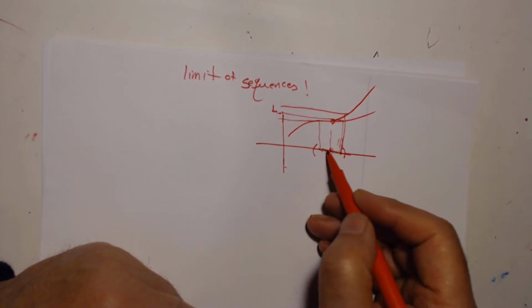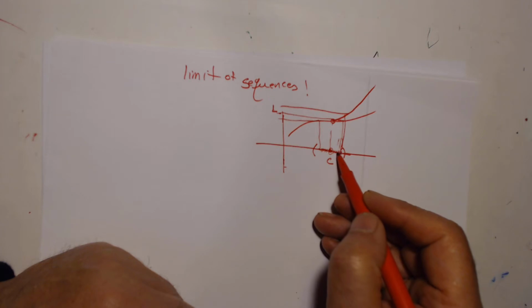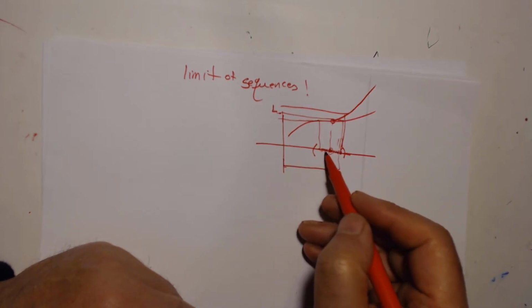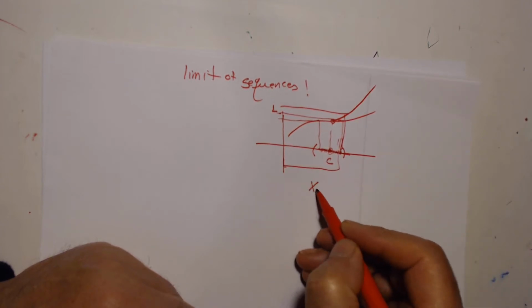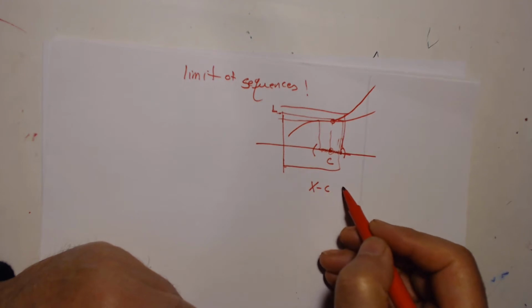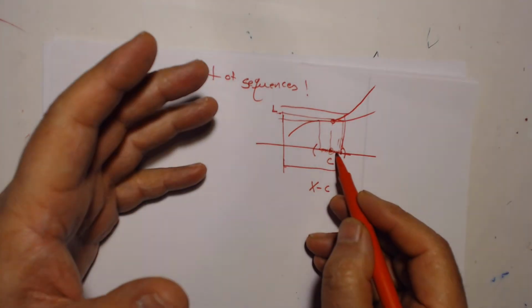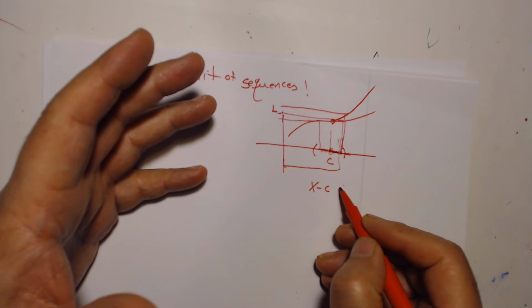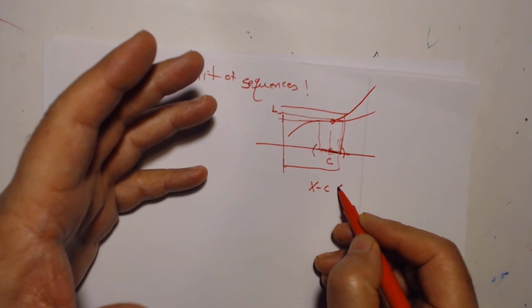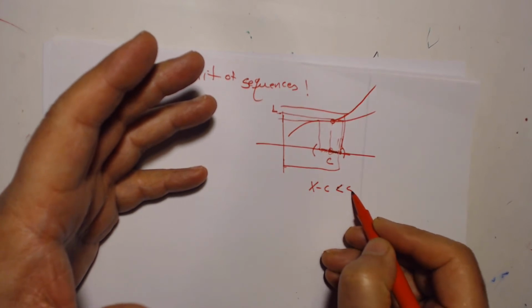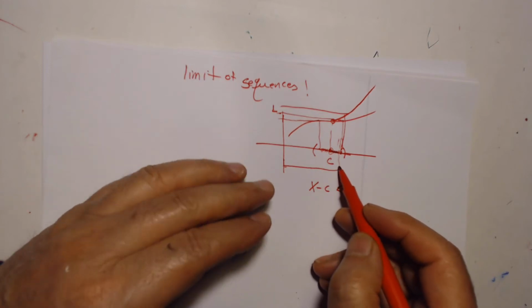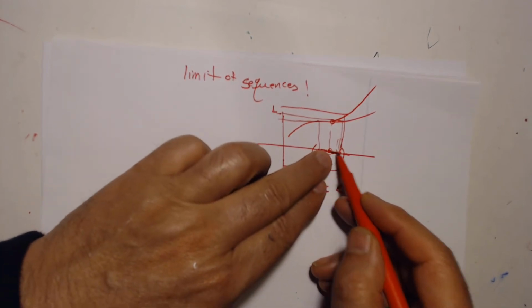Therefore, you cannot have any discontinuity between them. If I pick the X value to the right, X minus C must be a positive number, and that number must be less than delta, and delta is the difference between X and C.